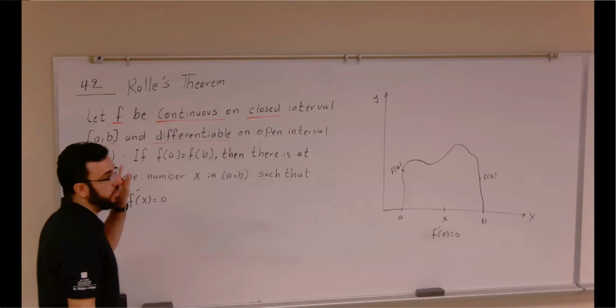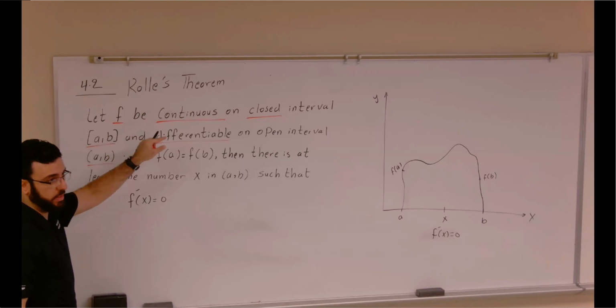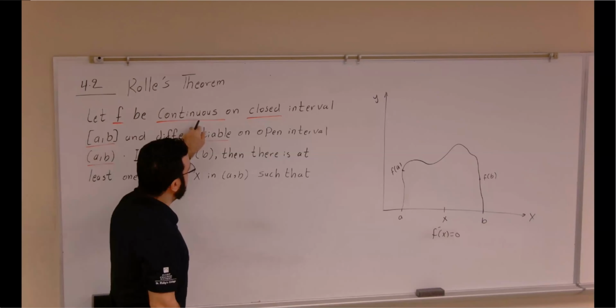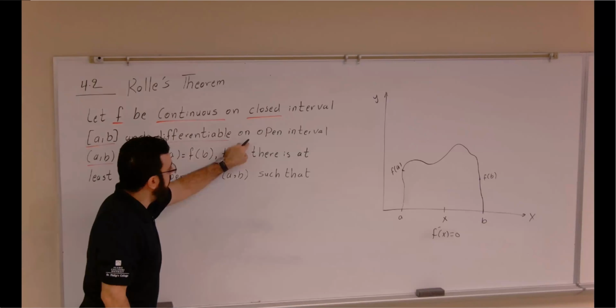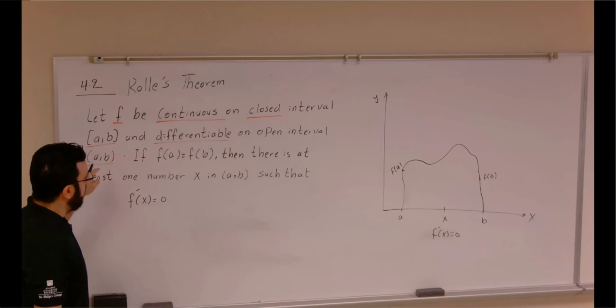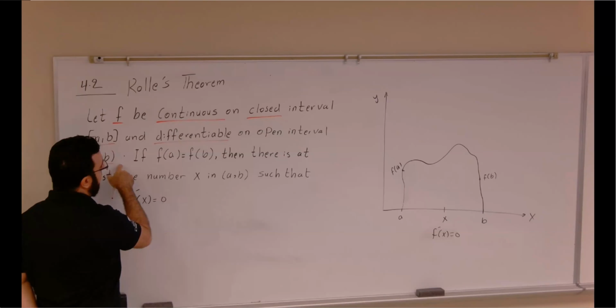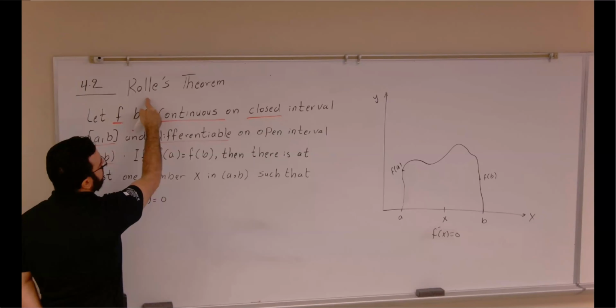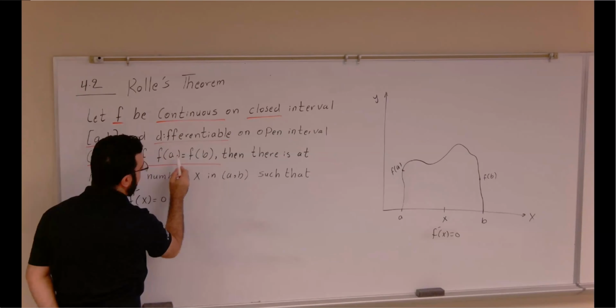I'm not talking about now, but in the future, when you're using Rolle's theorem, you have to prove f is continuous on the closed interval [a, b] and differentiable on the open interval (a, b). If these two conditions are satisfied, then we can use Rolle's theorem.